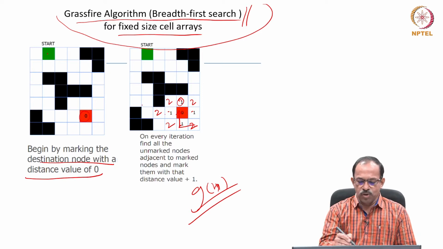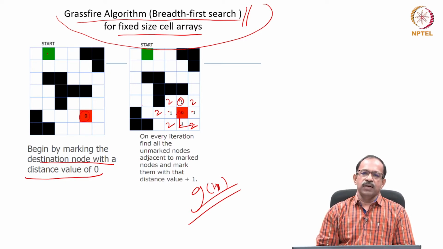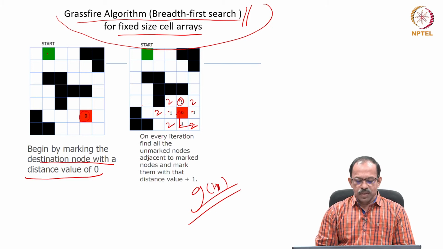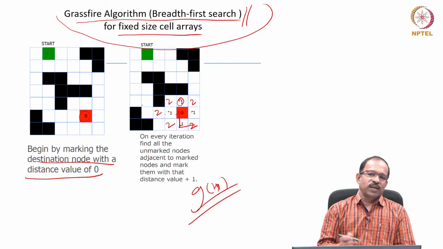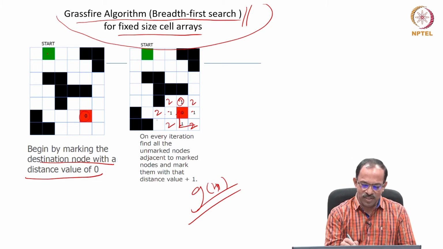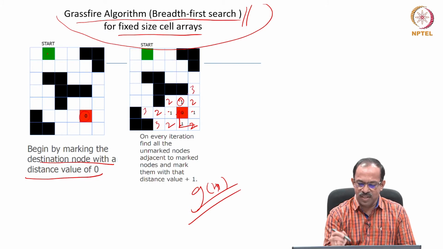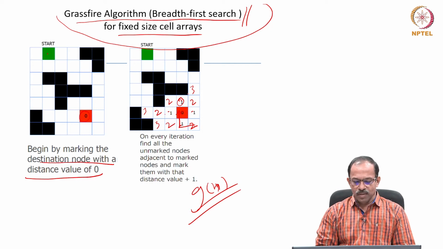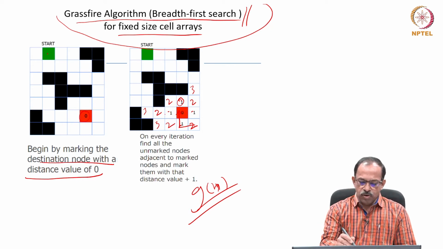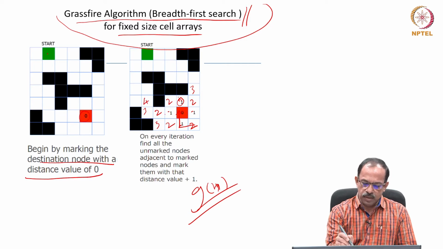So, all the neighboring nodes will be expanded with cost values, and this will continue. You will keep on expanding, then you will make this 3, this 3 and this 3, because all the nodes of 2 will be expanded, then all the nodes of 3 will be expanded, then this will be 4.